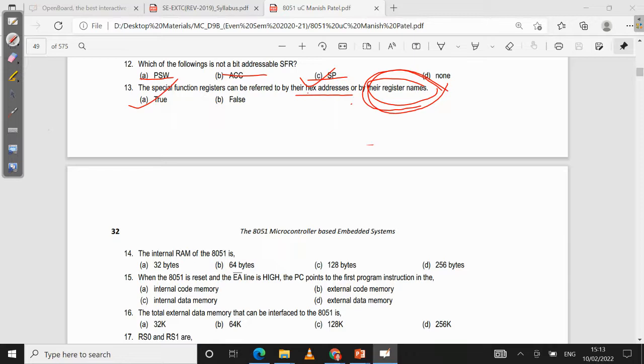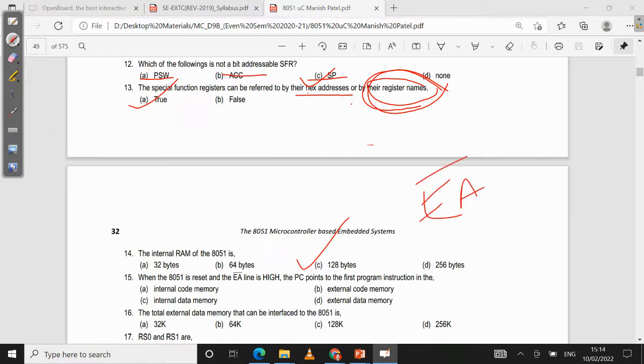Next, the internal RAM of the 8051 is, your answer? Yes, 128 bytes. 15th, when the 8051 is reset and the EA bar pin is high, the program counter points to the first program instruction in the. Yes, this is also interesting. Give me the answer.